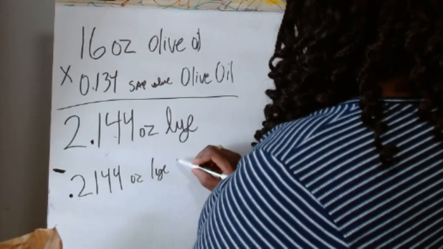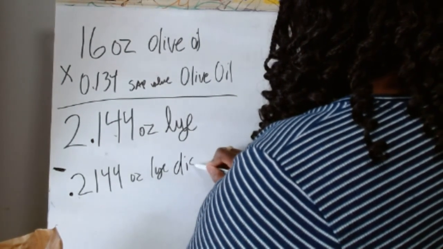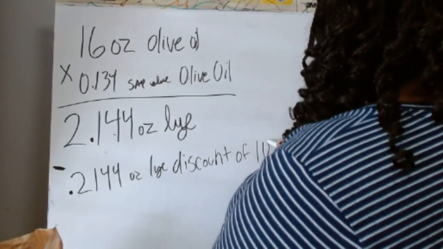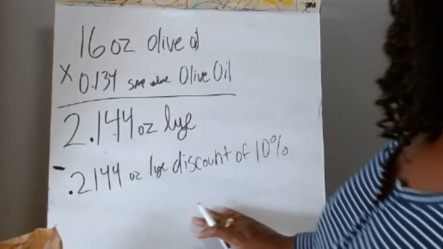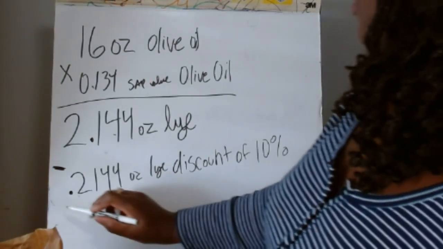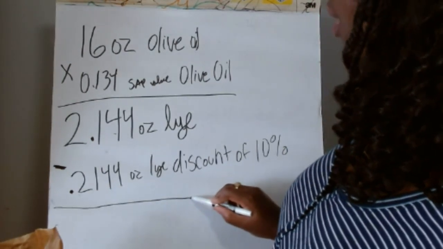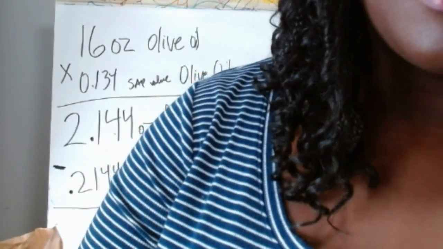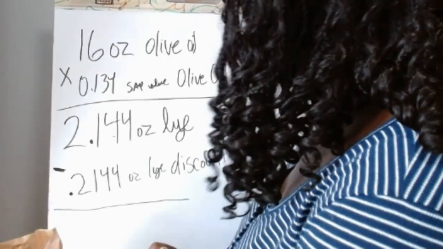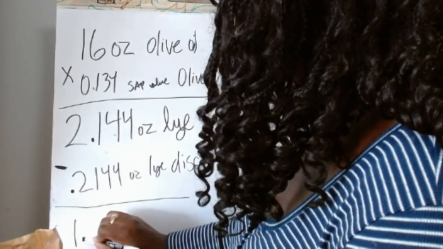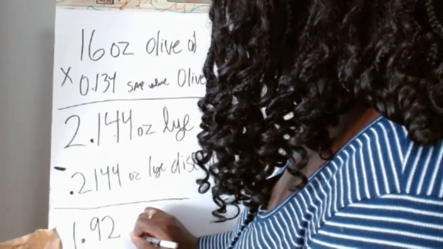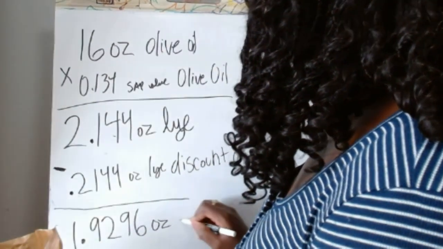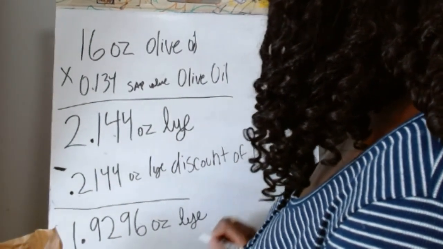So this right here is the lye discount of 10%. So now the new amount of lye that we're going to use in our recipe is 1.9296 ounces of lye.